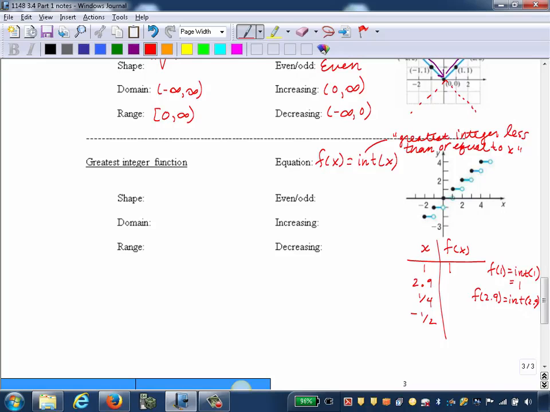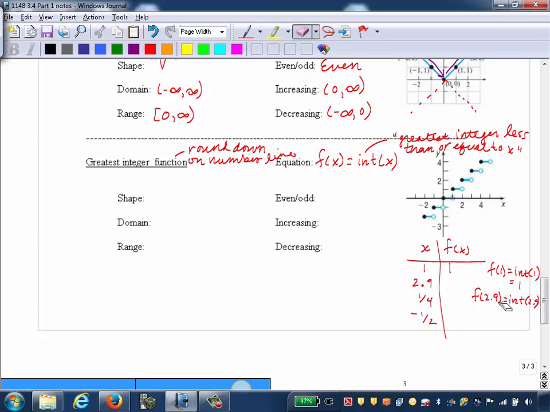So another way of talking about the greatest integer function, if you want that greatest integer less than or equal to it, that essentially means round down on a number line. So if it's an integer, there's no rounding. But if you have a decimal like 2.9, if you plotted 2.9 on a number line and you rounded it down, that would round down to 2. So it's basically like ignoring that decimal portion. So the greatest integer less than or equal to 2.9 is 2. So you're rounding it down to the smaller integer.